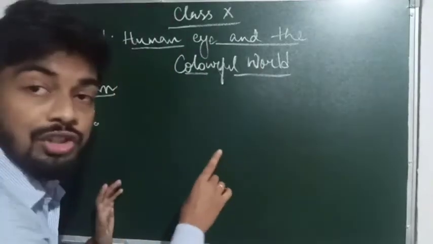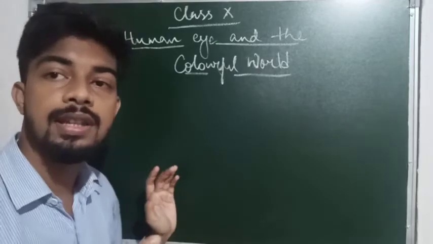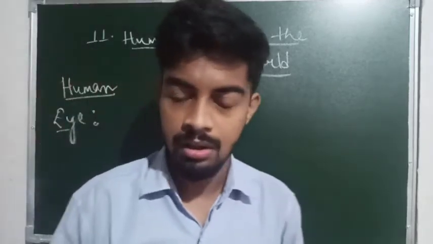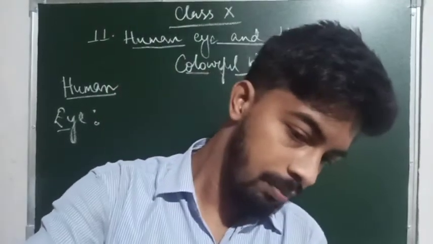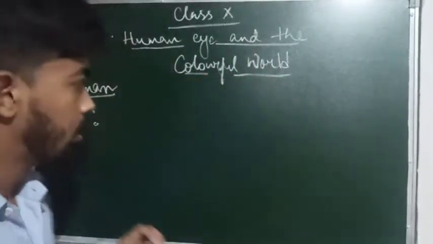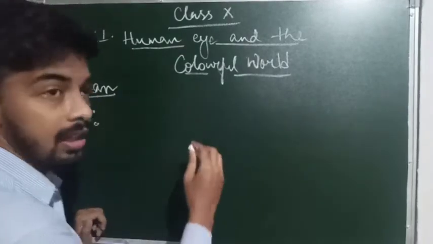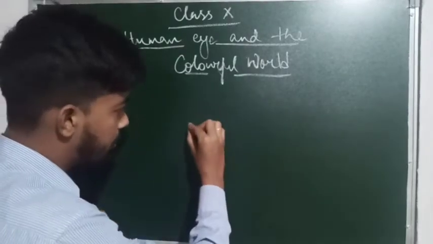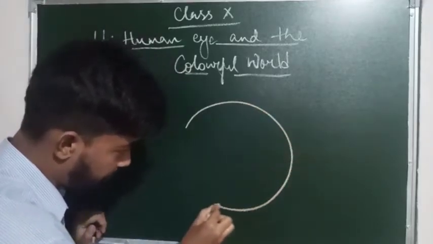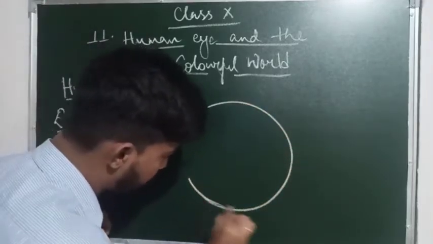I am drawing the structure of the eyeball here. You can see the diagram in your book at the start of the chapter, on page number 187. First of all, our eye is simply a big sphere, or big ball of fluids and connective tissues.